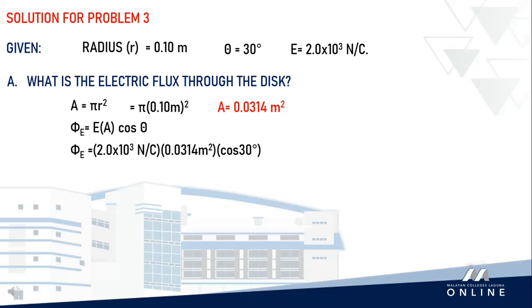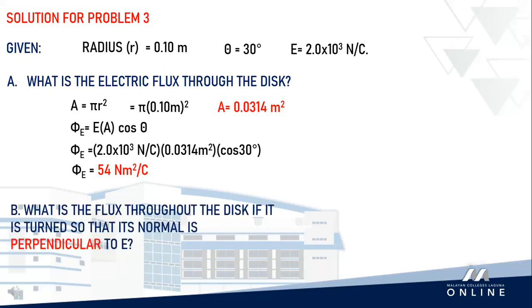Solving these, our final answer will be 54 newton meter square over coulomb. For letter B, it asks for the flux if the normal is turned perpendicular. Therefore, the angle becomes 90 degrees. Since cosine 90 degrees is 0, the electric flux is also 0.